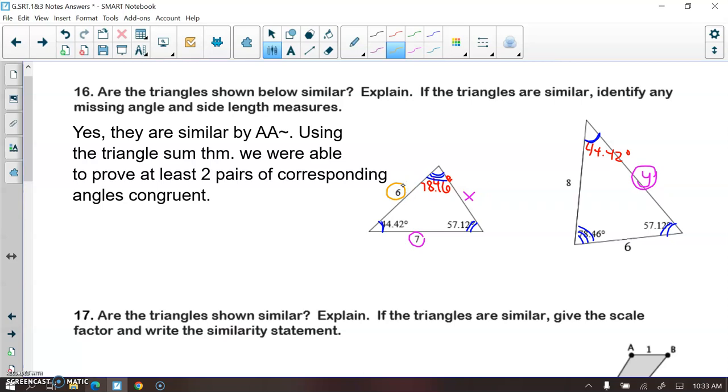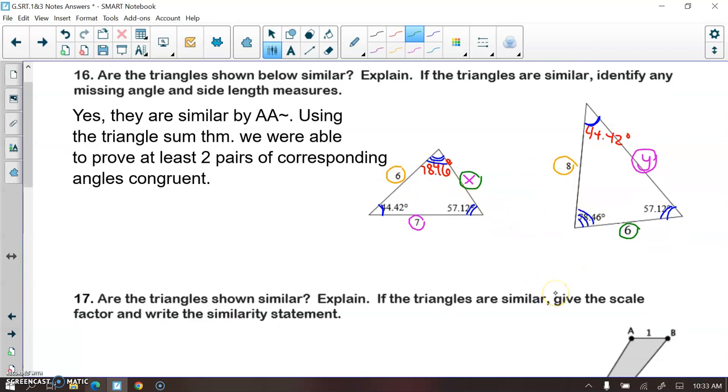The side that is in between the 1 and the 3 arc angle is the 8 on my larger triangle. So those two correspond with one another. So then by process of elimination, this unknown side and this side of 6 correspond with one another. So we're going to use the two yellow sides to find the similarity ratio. So I'm going to do 6 over 8.